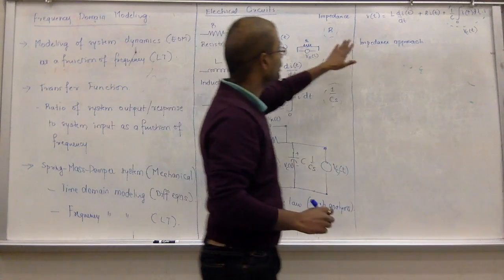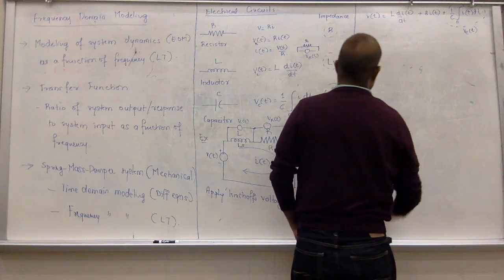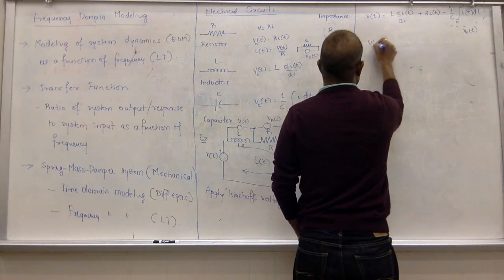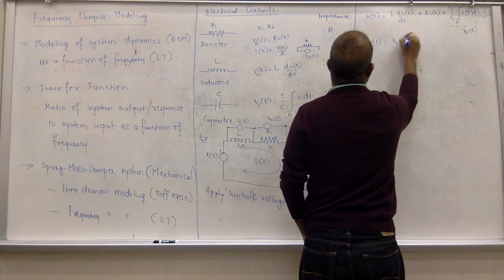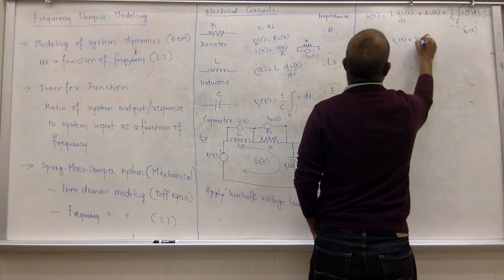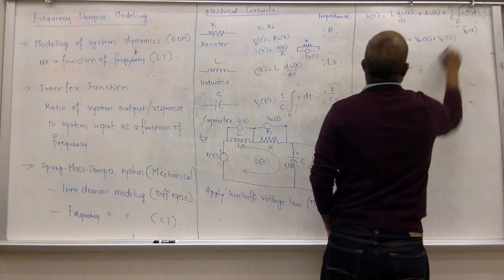So when I am writing this, I can also write V of t is equal to V L of t plus V R of t plus V C of t.